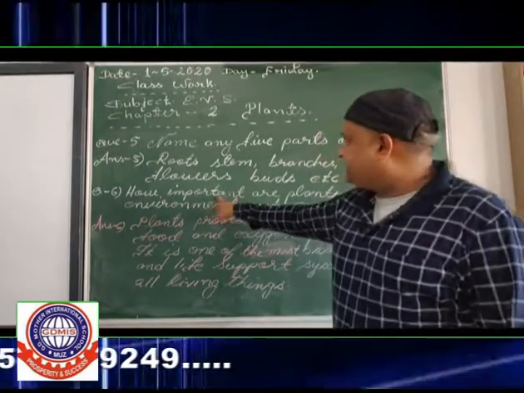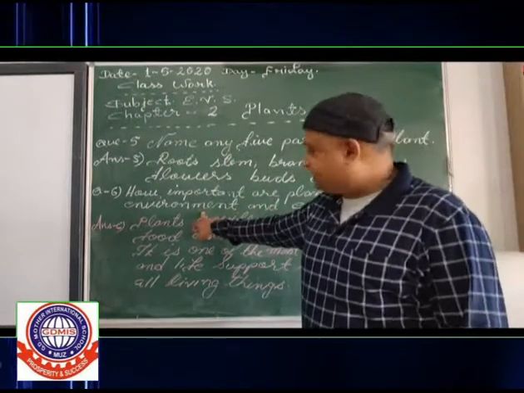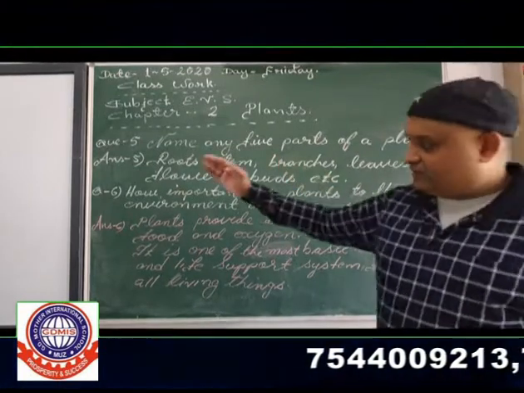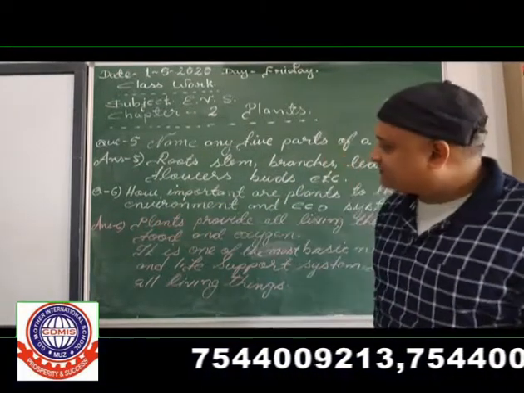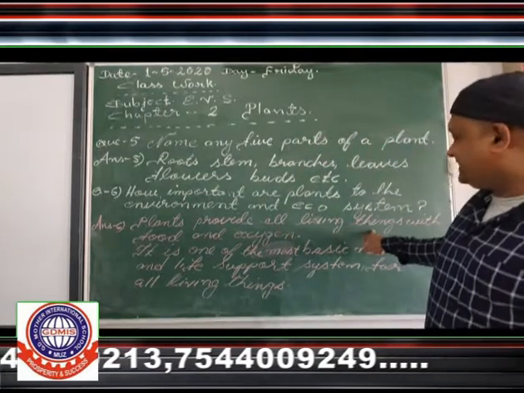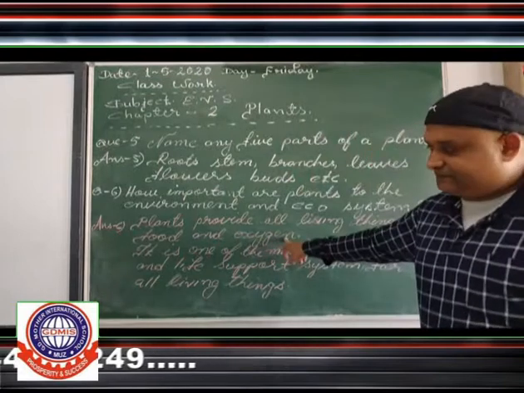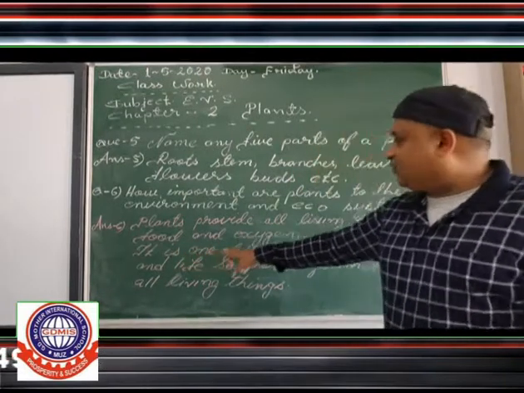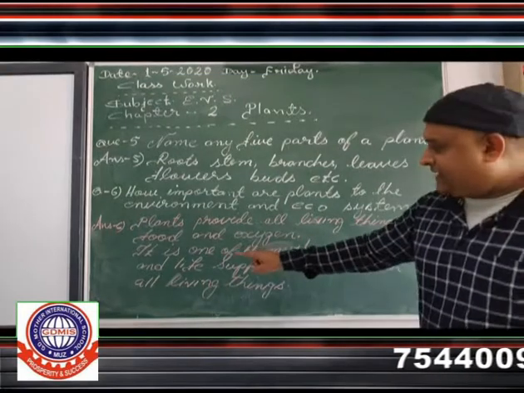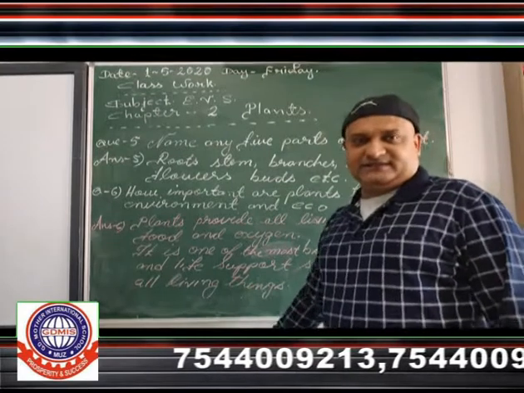How important are plants to the environment and ecosystem? Pay attention to the answer. Plants provide all living things with food and oxygen. It is one of the most basic needs and life support system for all living things.